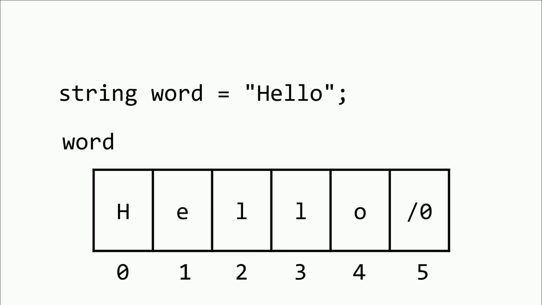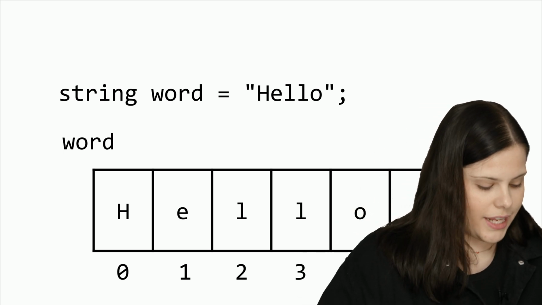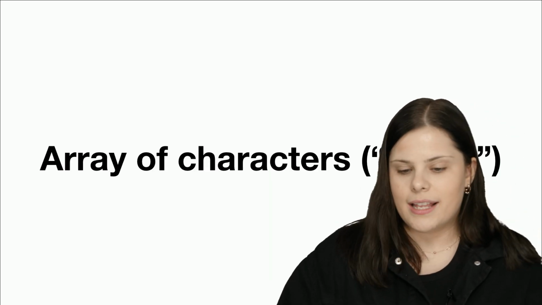So I think in the lecture, David demonstrated that if we don't know the length of the string, or before you knew the function strlen, what you could do is just use a while loop and iterate through the entire string, and this null character will specify the end of it. And so this is how we know we've reached the end of the string. So this is how strings relate to arrays. And let's keep moving forward.